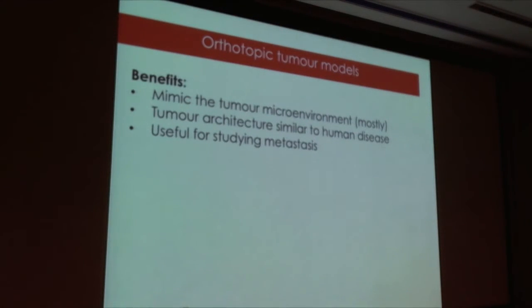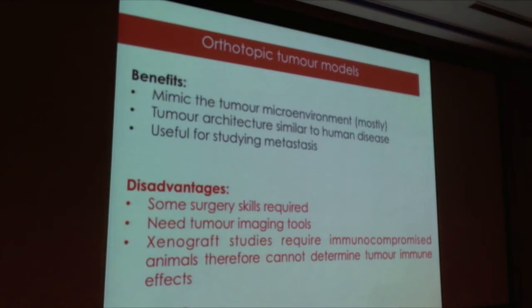The tumour architecture, from what we can see, is similar to the human disease. And it's also useful for studying metastasis. So all the models we have are also metastatic. The big disadvantage is it does take a bit of skill to do the surgery. It's a bit more complicated than just doing a subcutaneous model.